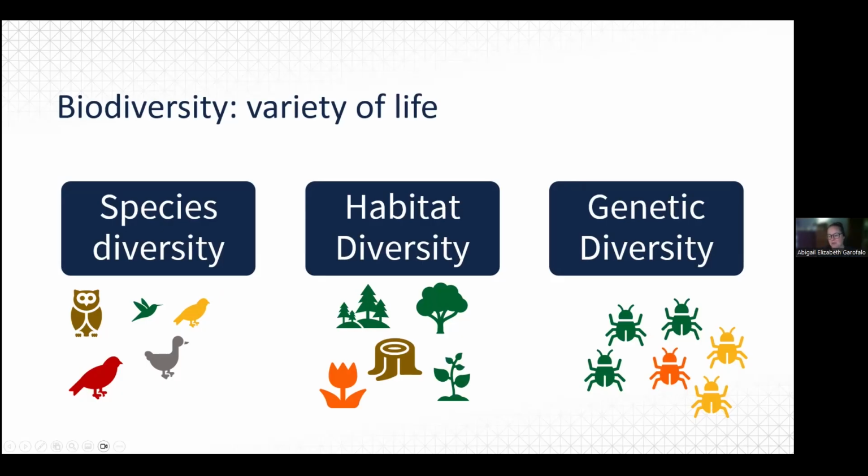We need to make sure that we're allowing for genetic selection to occur, and natural pressures to force organisms to adapt and naturally select for what's going to survive best. So there are all these different kinds of biodiversity that we want to support in an ecosystem.